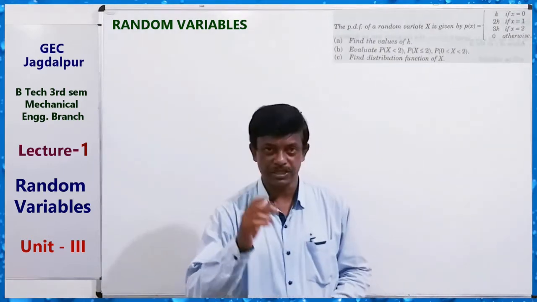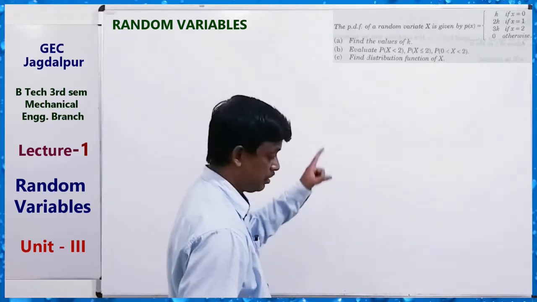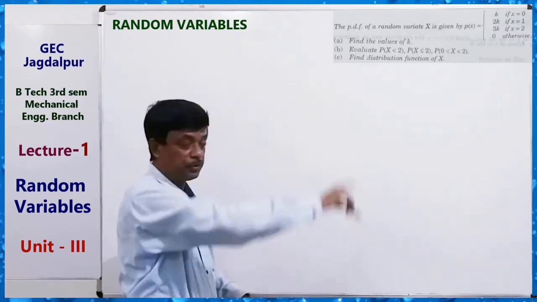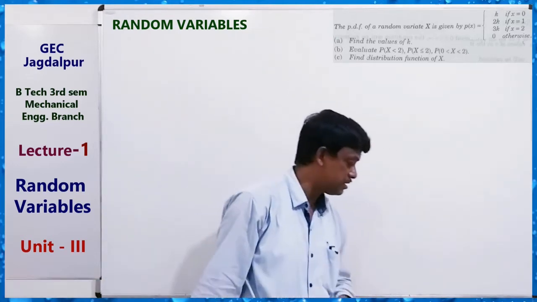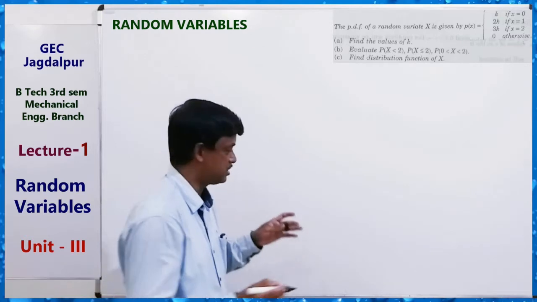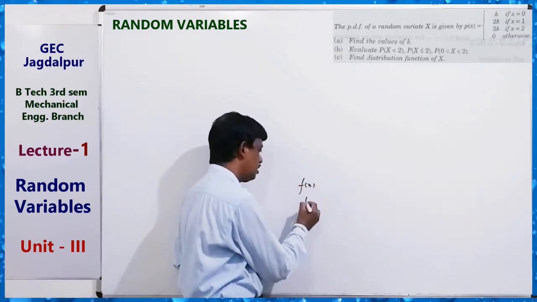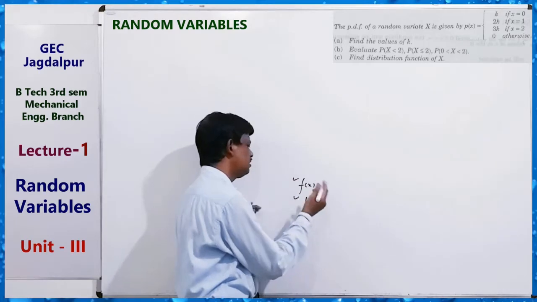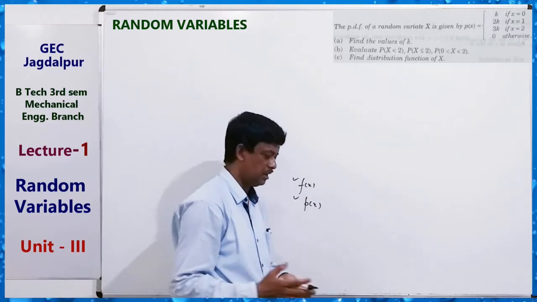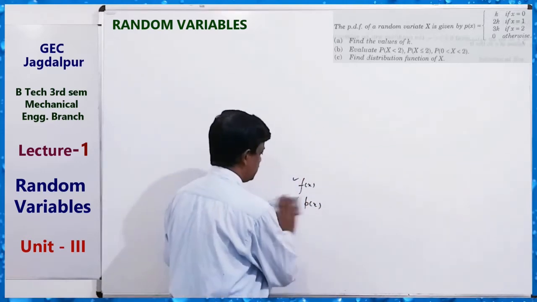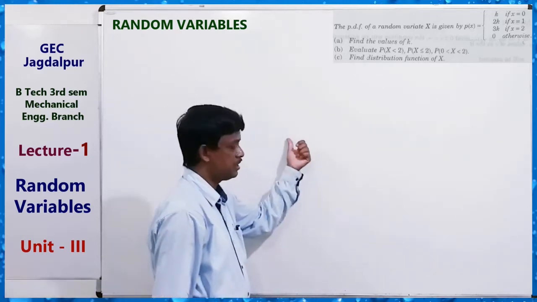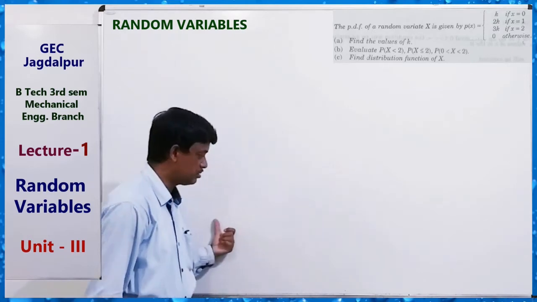So take a question in which the probability density function of a random variable x is given by the following. We can write the probability density function as f(x) or p(x), denoting it as you consider. For discrete, that is the probability function, and for continuous, that is also called the probability function.